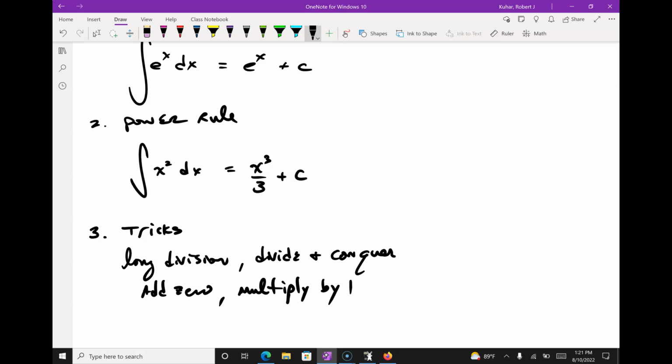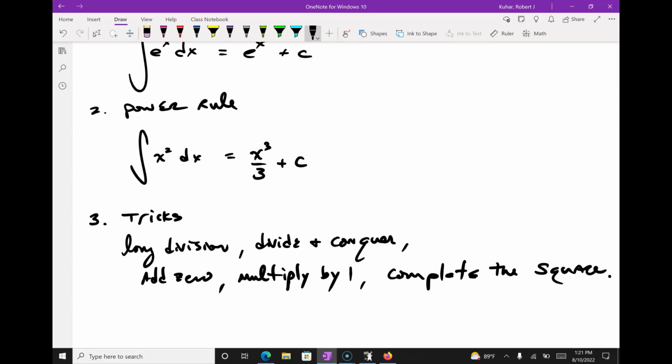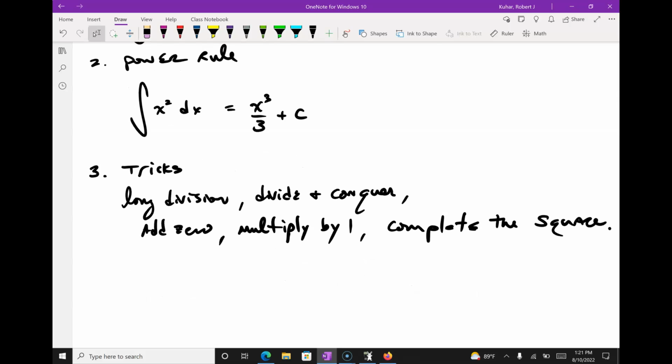We've seen that one for sure. Complete the square. You'll see that hopefully tomorrow. I don't think I'll get to it today. At least not without hurting you. And maybe more. I'll keep adding to that.